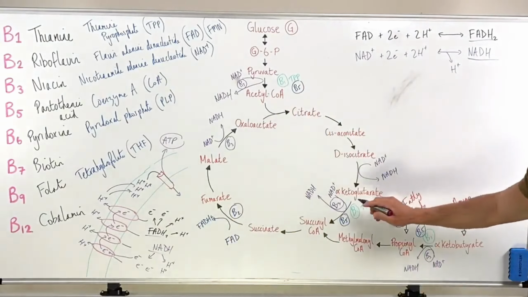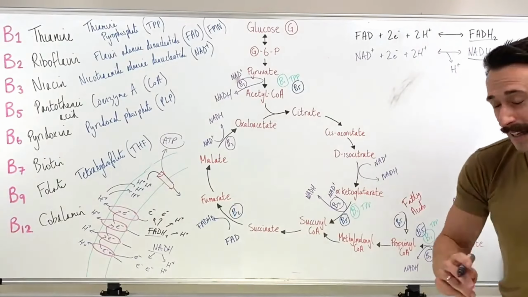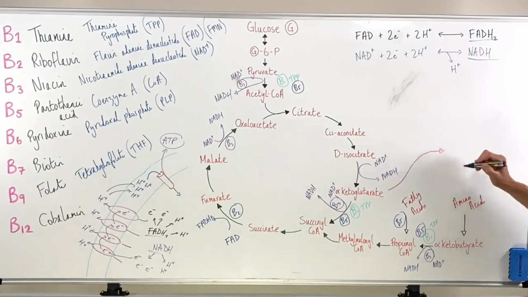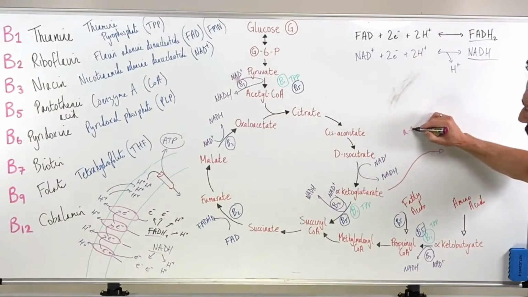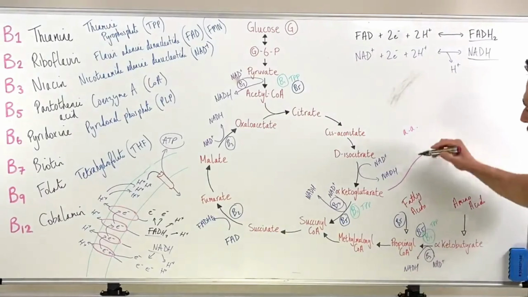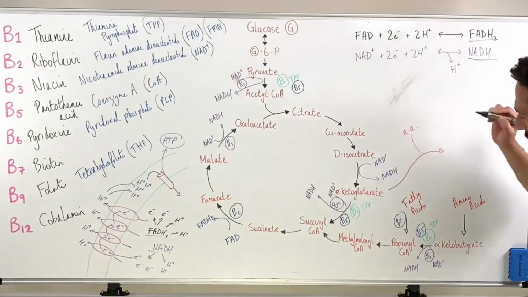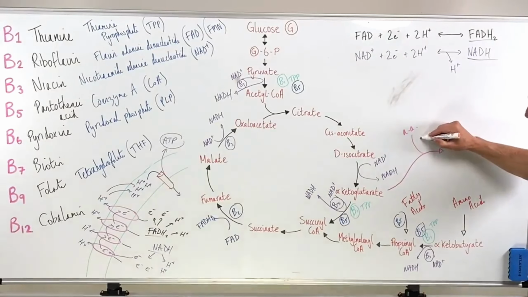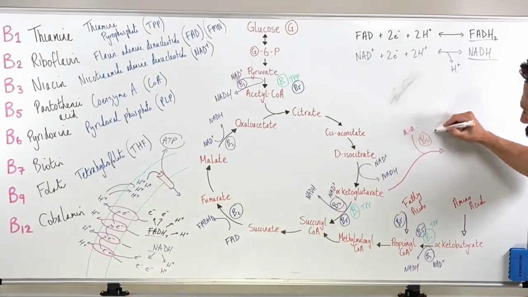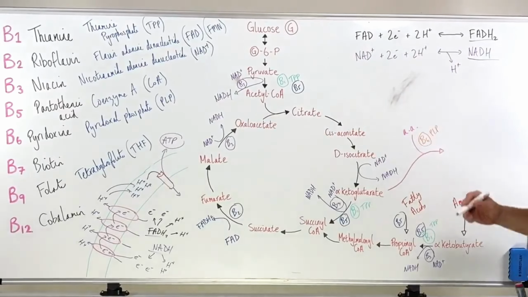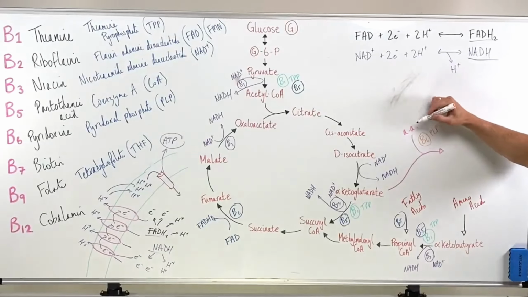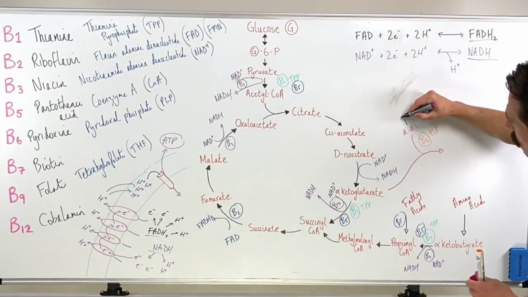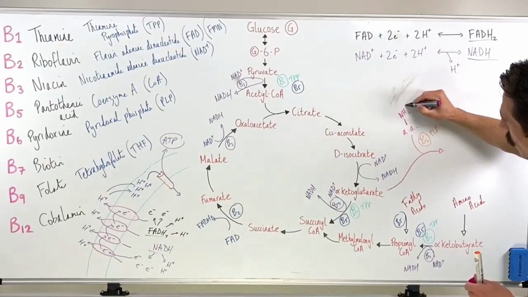So alpha-ketoglutarate can, with the help of various amino acids, like alanine for example, and with the help of B6, which is PLP, what it does is it takes the amine group, so there's going to be an amine group, right, on the side of this, because it's an amino acid, NH3+.